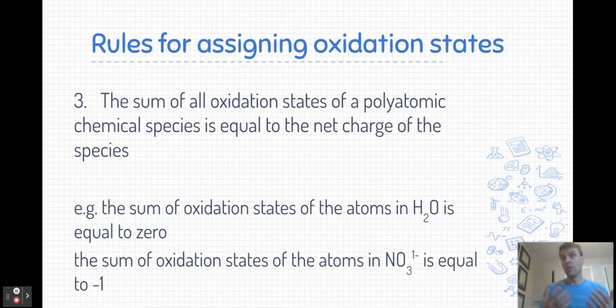So for example, H2O does not have a charge, so the sum of the oxidation states of the hydrogen and oxygen must equal 0. For the nitrate ion, which has a 1- charge, the sum of the oxidation states of the nitrogen and the oxygens must sum up to -1.